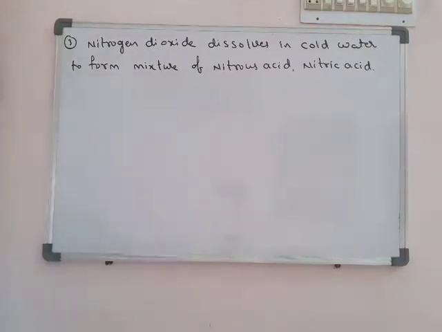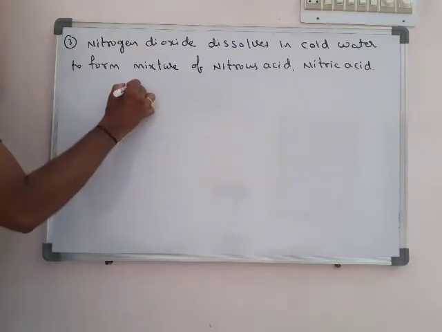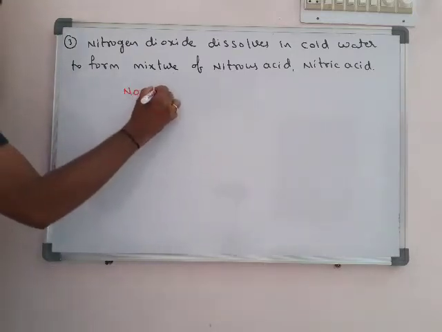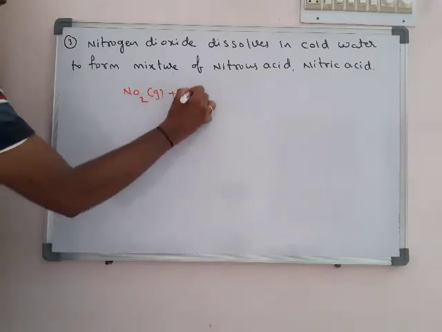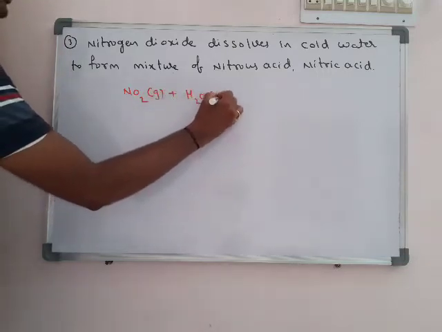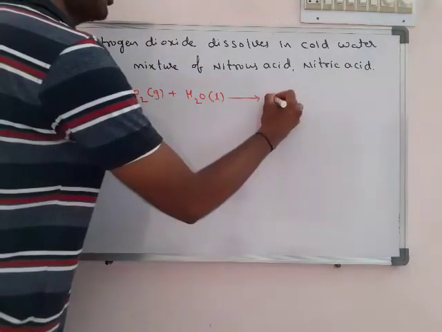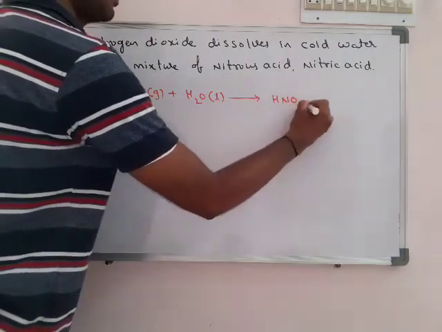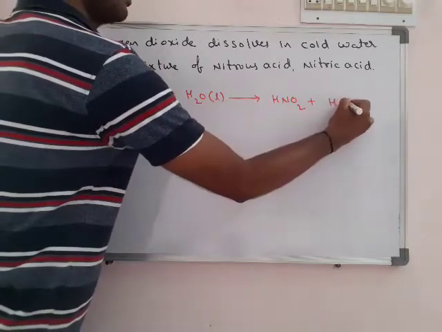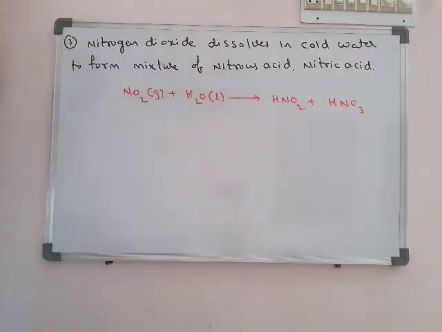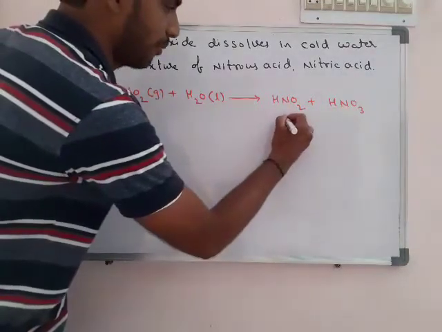So can you guess the formulas? Nitrogen dioxide is also a gas. When it is added to water, it dissolves in it, forming a mixture of acids, nitrous acid and nitric acid. Okay, two acids are formed.